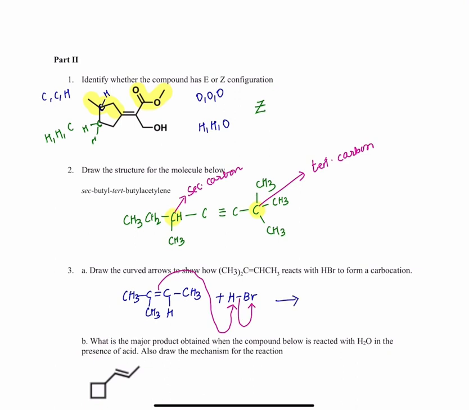Which of these carbons is going to have the positive charge? Remember, according to Markovnikov's rule, the hydrogen is going to go to this carbon. And if the hydrogen is going to go to this carbon, then this is the carbon which is going to lose the pi bond. So therefore, it will be having only 3 bonds, and therefore this is the carbon that will be having the positive charge.